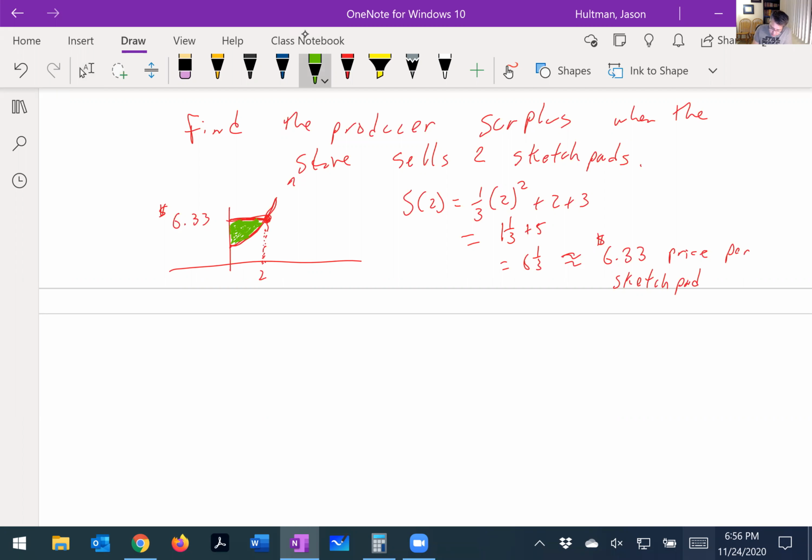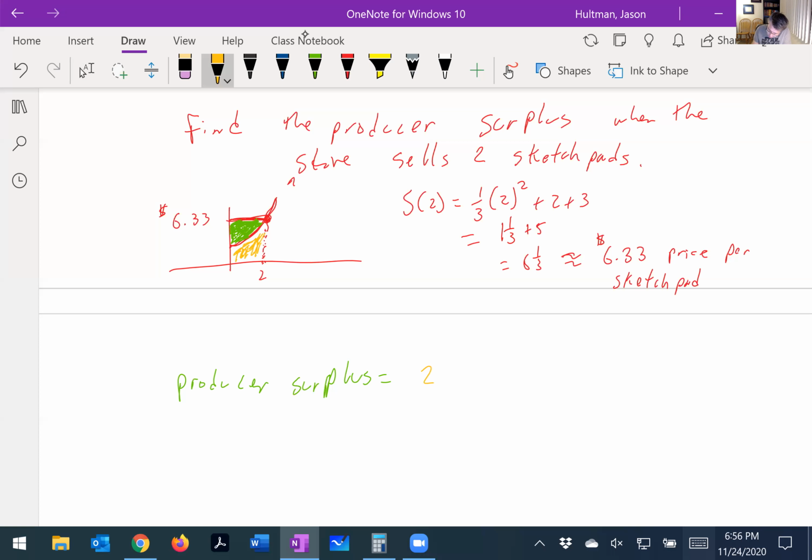So I want to get that green area there. We want the producer surplus, which is going to be equal to the rectangle.